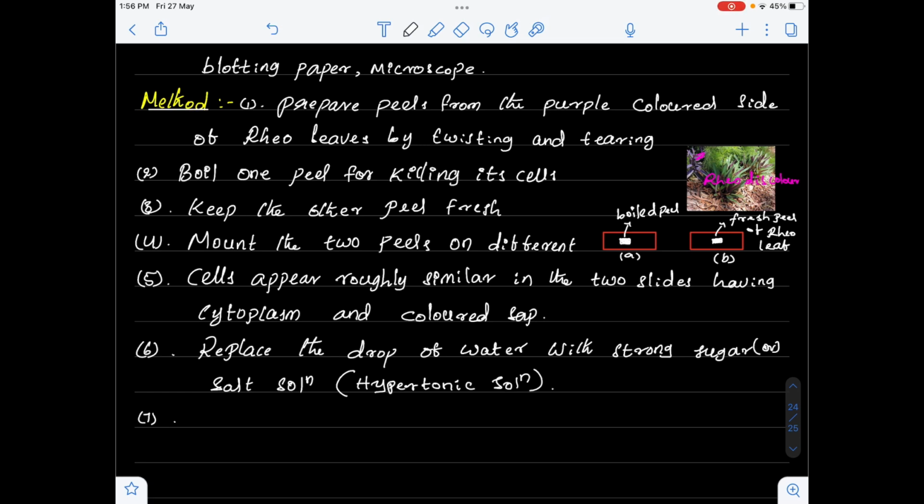So for this, what should we do? We should add a drop of solution from one edge of the cover slip and water is removed with the help of blotting paper from the other edge.